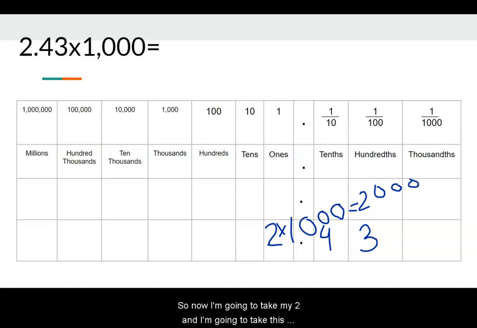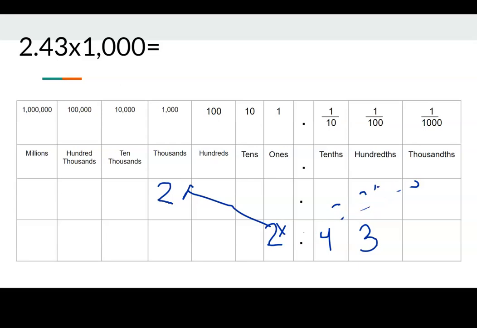Now I'm going to take my 2 and take this over to my thousands. And now I have 2,000s. I'm going to erase this part right here because it's starting to get a little bit messy and kind of hard to see.